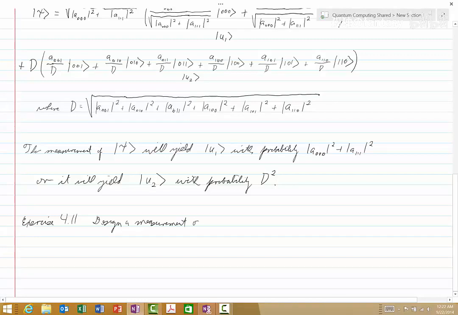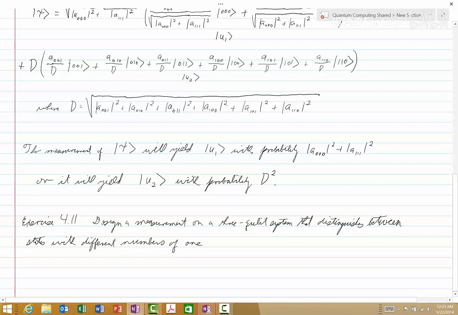on a 3-qubit system that distinguishes between states with different numbers of 1 bits, and gives no other information.